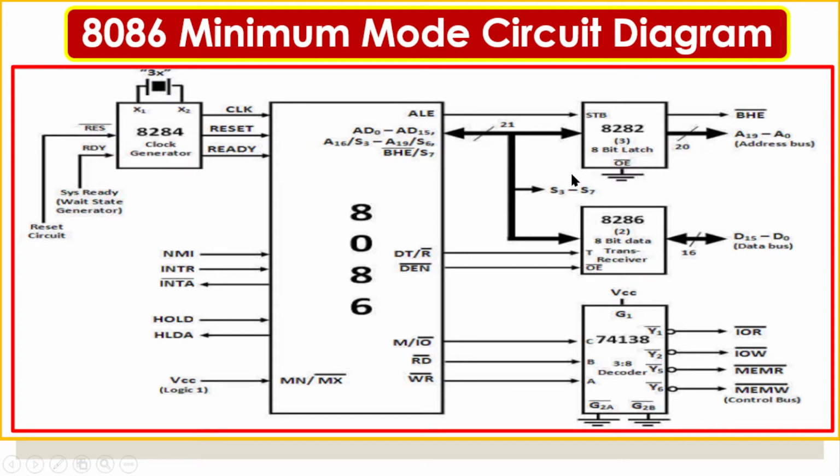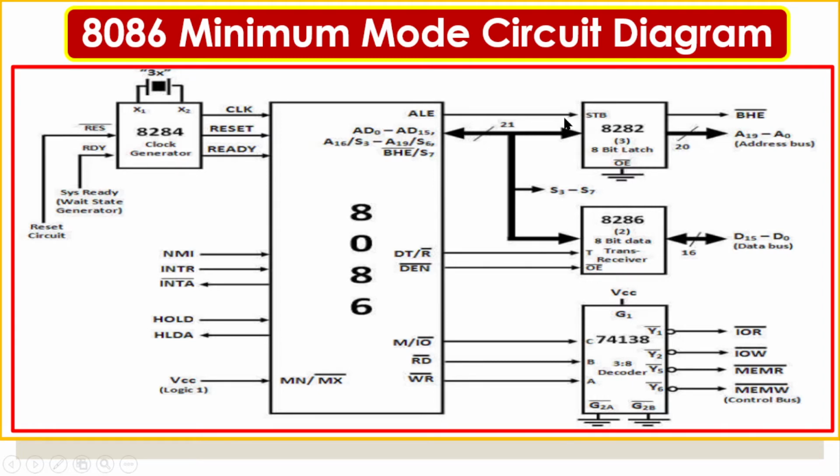For that, we are using the concept of a latch. A latch is a binary storage device. A single bit of binary information will be stored in it temporarily. That's the function of a latch. Here, the 8282 is an 8-bit latch. An 8-bit latch means it contains internally 8 individual latches. So 8 data lines you can connect at a time, and 8 output lines will be available, with one enable signal, which is a strobe input.